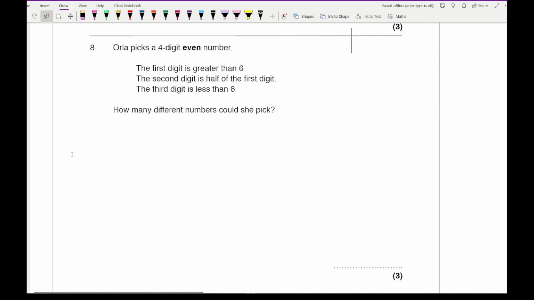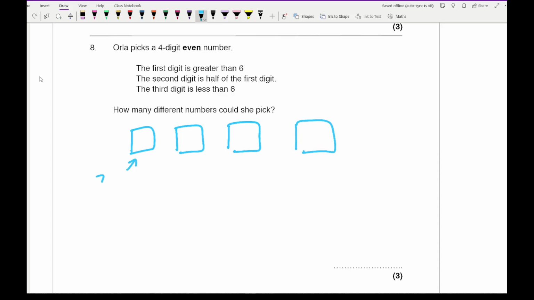Question 8 then says that Orla picks a 7-digit even number. The first digit is greater than 6, the second digit is half the first digit, and the third digit is less than 6. So let's have a look at what this number can be. Reading the information, the first digit is greater than 6, so that's either going to be a 7, 8, or a 9. So there's 3 possible options for that one. The second digit is half of the first digit.